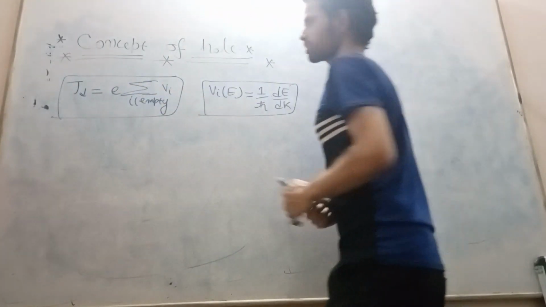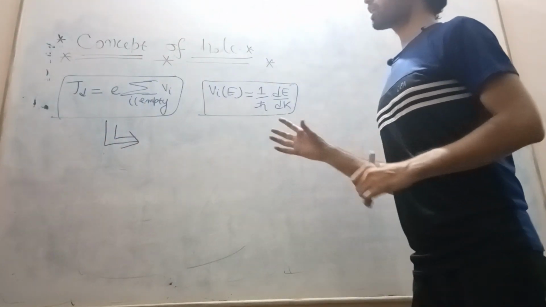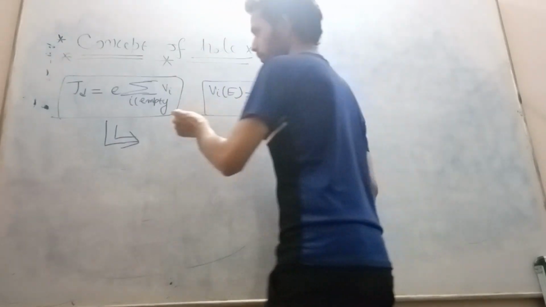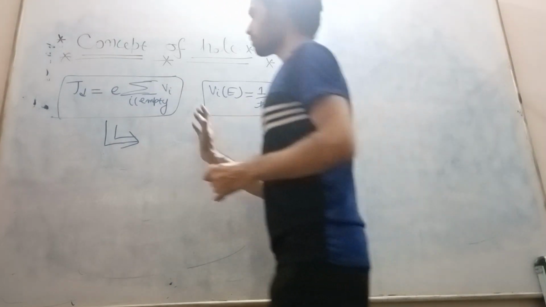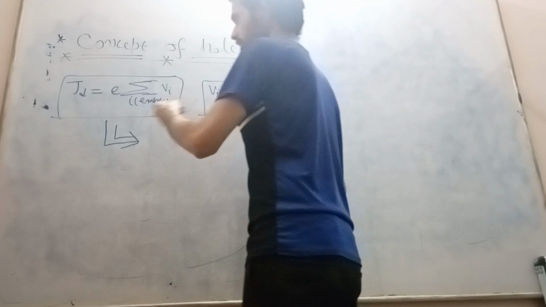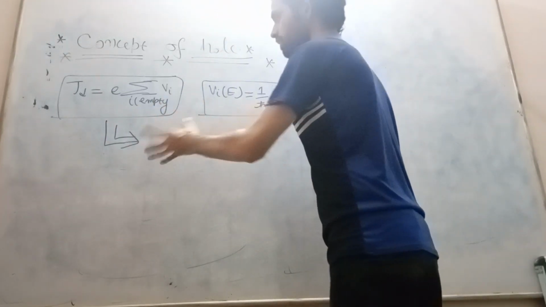Now this total equation represents what? The indication of this is that the positively charged particle replaces all empty states.